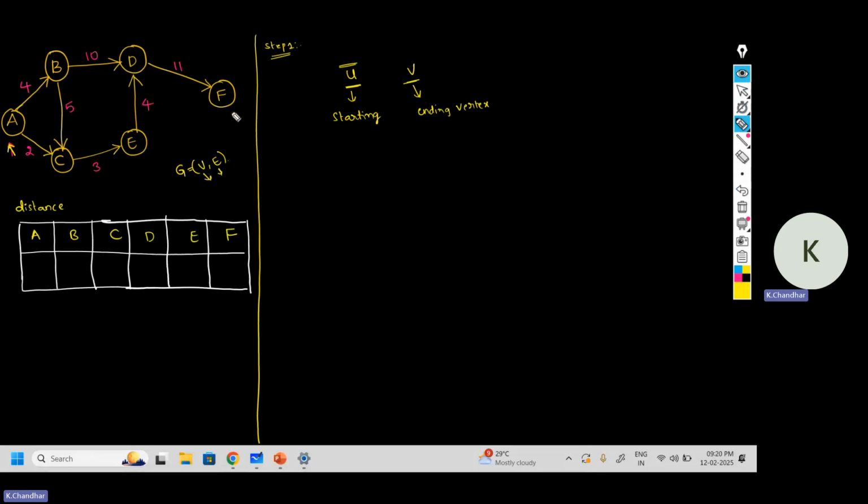So U is the source of visiting, and V is the vertex we are visiting.